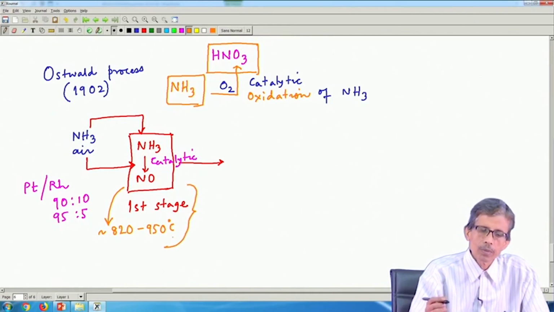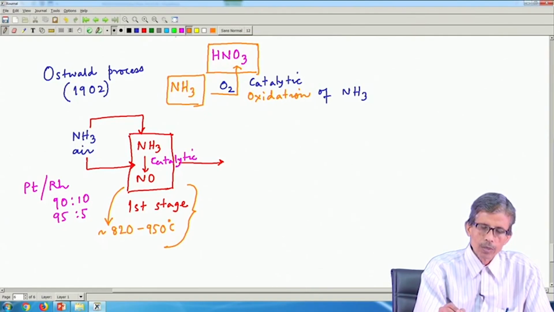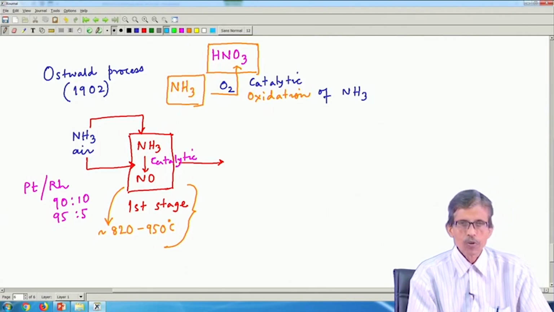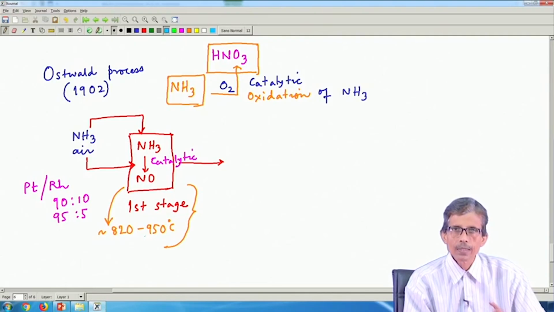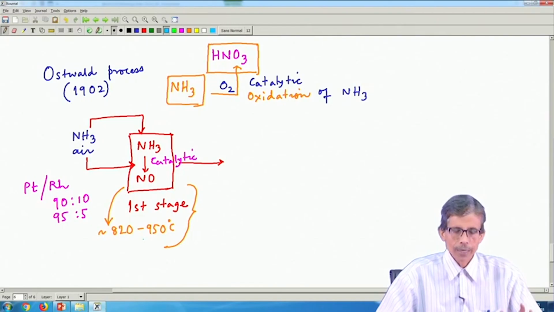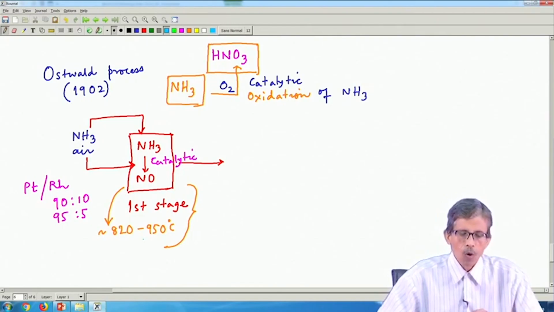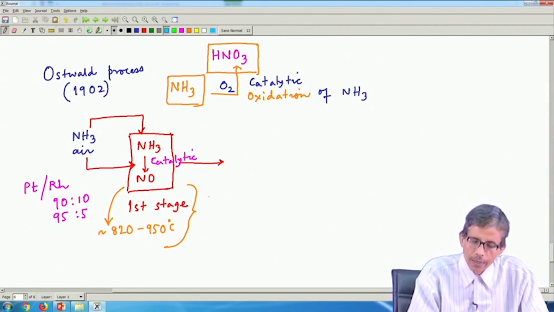Because the chemical engineers will also be concerned about the utilization and involvement of this reaction, because if your catalyst is not so effective, the temperature is not optimized, and also the quality and purity of the catalyst, whether it is typically 90:10 or 95:5 or different, will also tell us how good this conversion is and how useful this reaction is, and we have to minimize the side reactions.